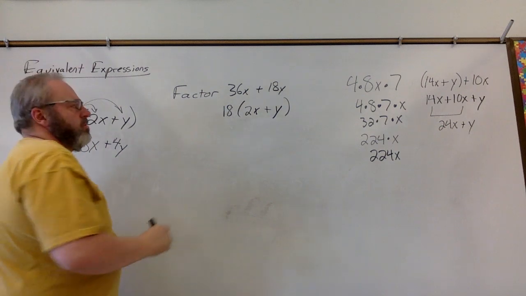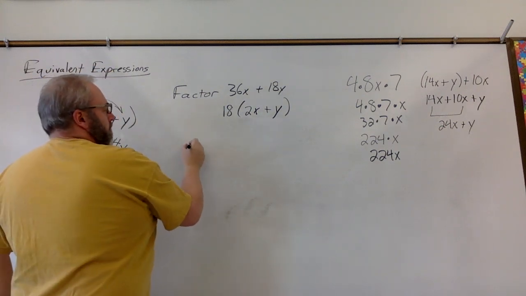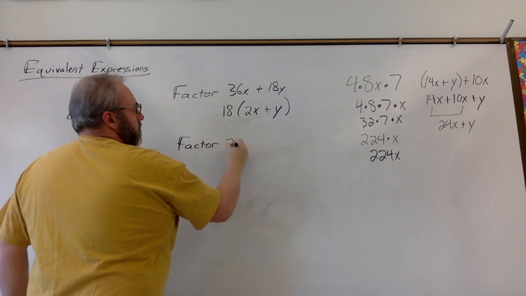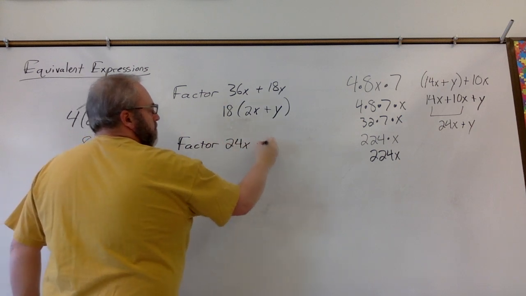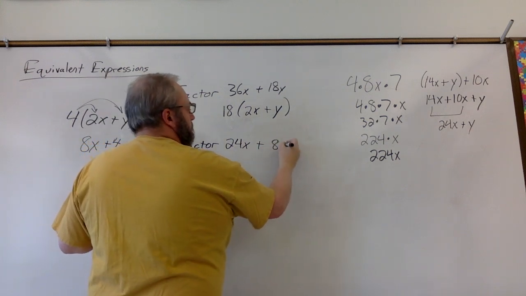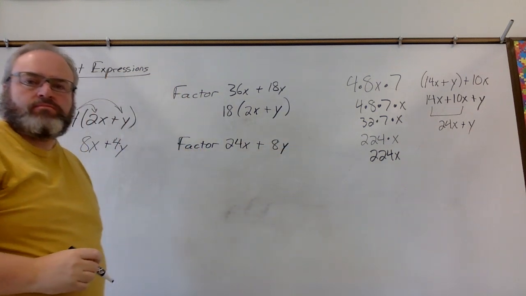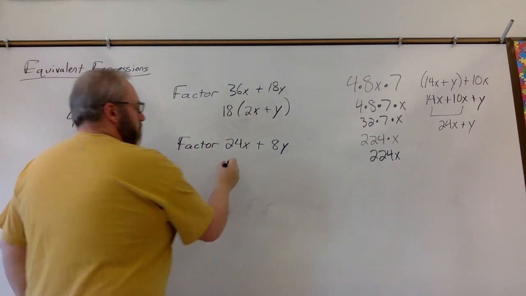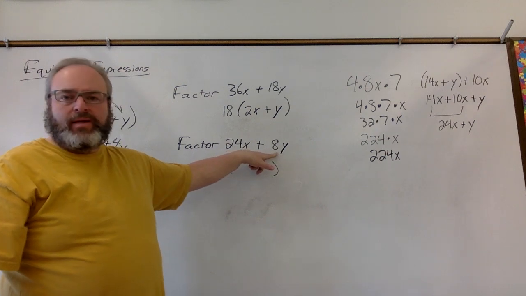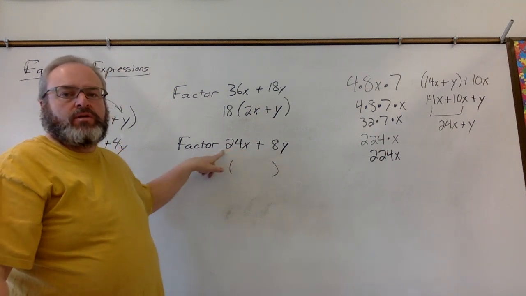Let me do another one just so we know what we're doing here. Let's factor 24x plus 8y. Okay, so we need to figure out what number will go into 24 and 8 evenly.